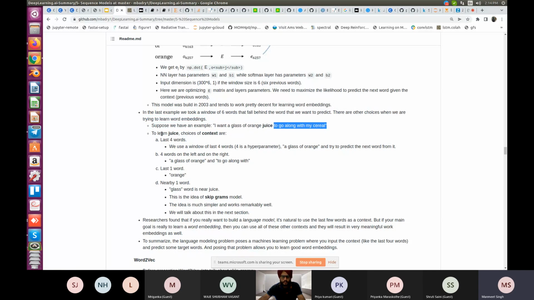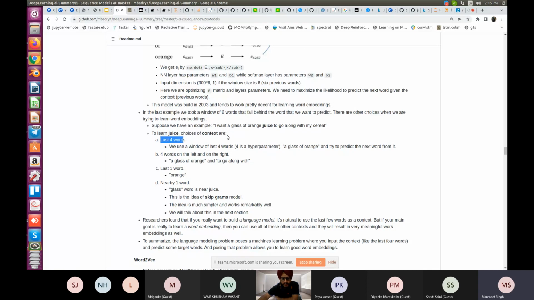Now to learn juice, the choices of context are these. Think about how you would guess what should come there if the word juice is not given. You will guess using some kind of context, and the context is the last 4 words.